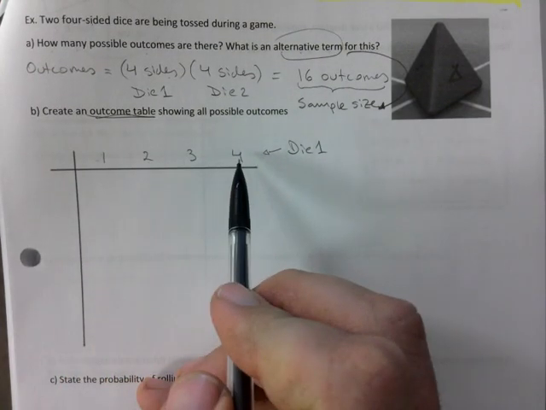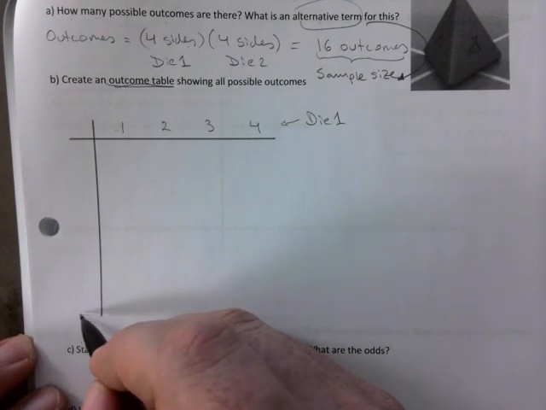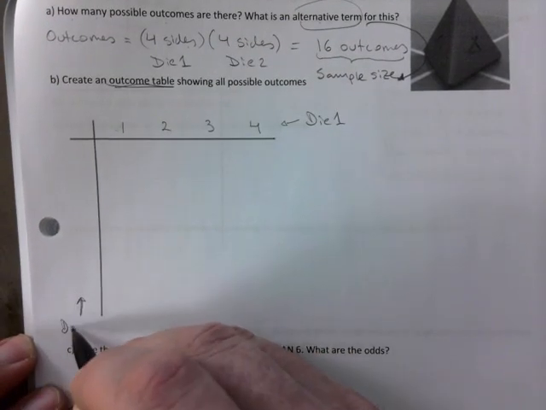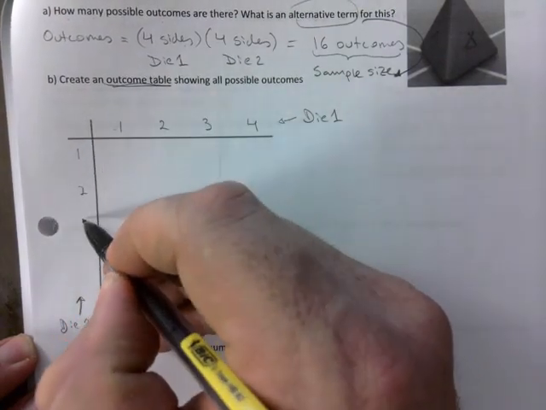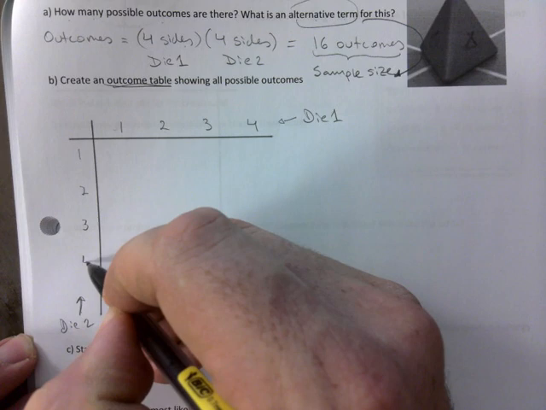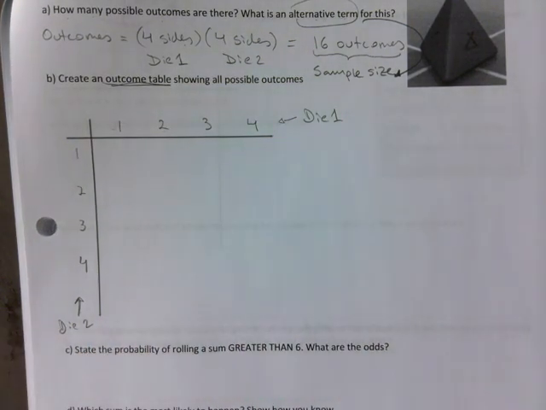You put that down here. And then your next one, die number 2, you go 1, give yourself space, 2, 3, don't cram this too much. That's why I made it nice and big there. So die 1, die 2.